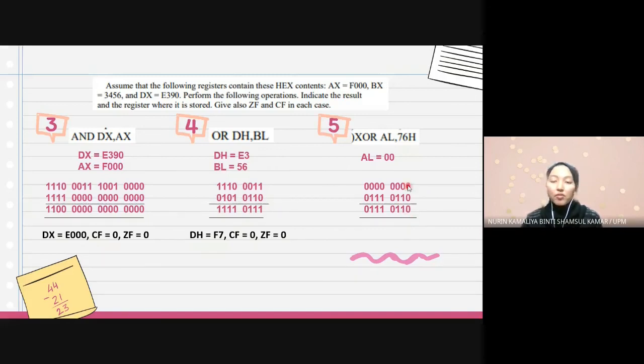If the both data are different values, the result becomes 1. So for the result and the register where it is stored, AL equals 76, CF equals 0, and ZF equals 0. So always remember, for AND, OR, and XOR, the CF and OF will reset to 0. As for the ZF, remember, if the result is not all 0, then the ZF equals 0.